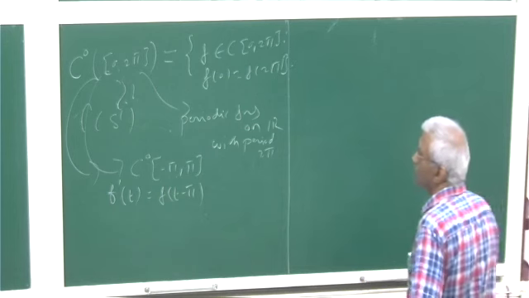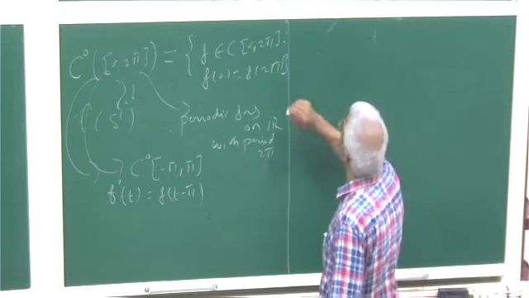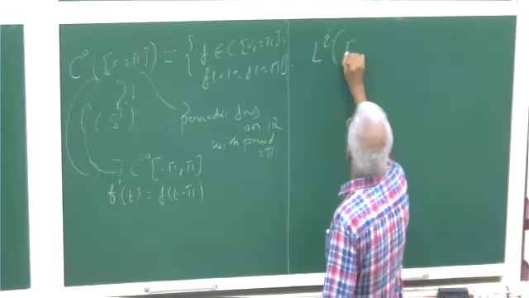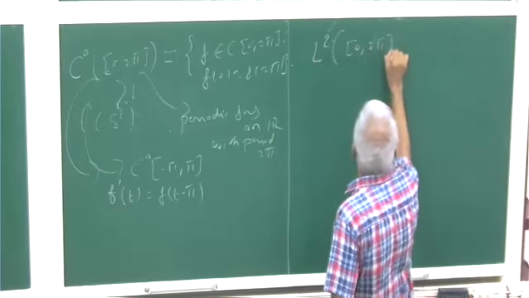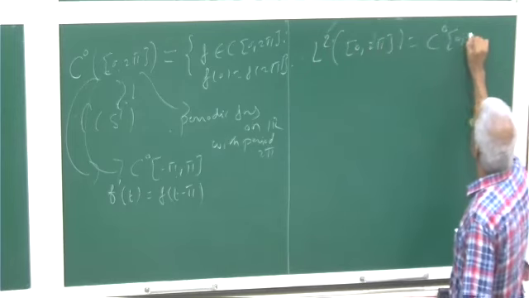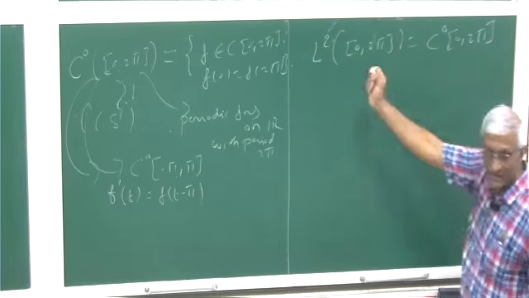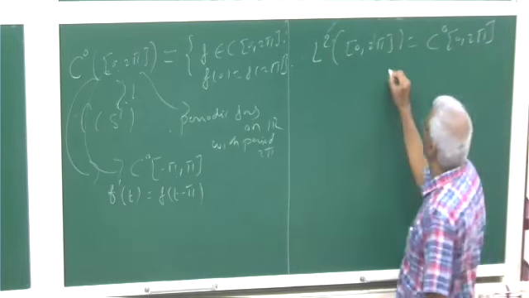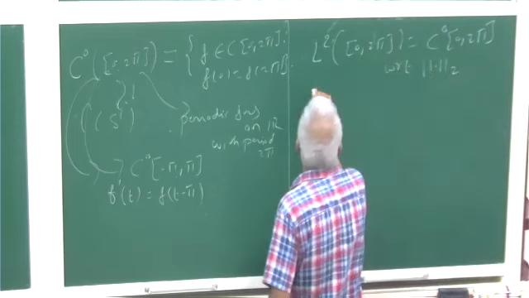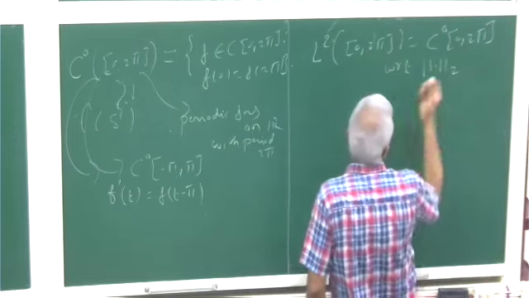Okay, so we have the following proposition. You define L2 equal to the closure of this. It doesn't matter, it is just the closure with respect to the norm, where the norm is 2 or from the inner product.